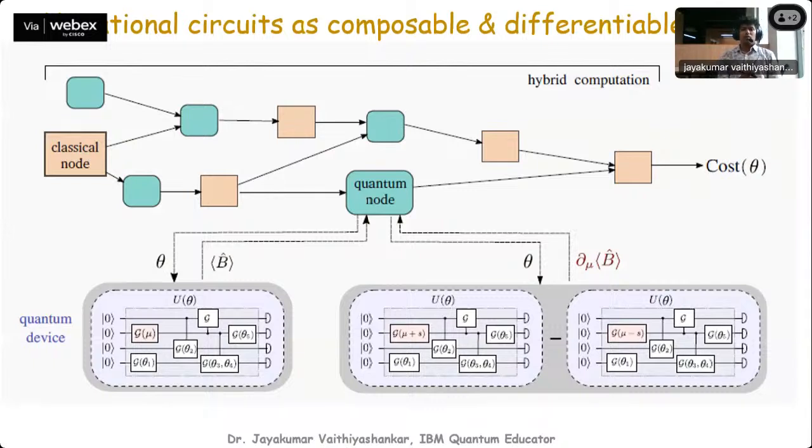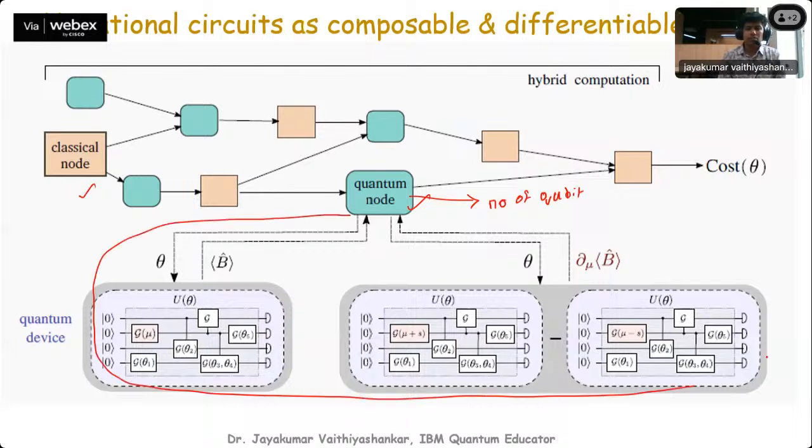In PennyLane, what we are supposed to do is create a classical node and a quantum node. The quantum node depicts a number of qubits, or a bunch of qubits, and takes care of your entire circuit. The quantum node is nothing but your quantum device.